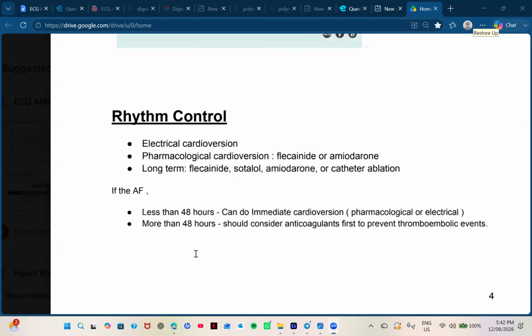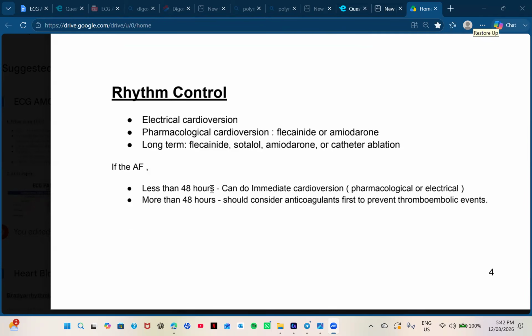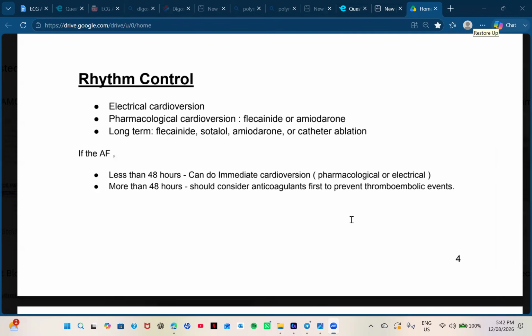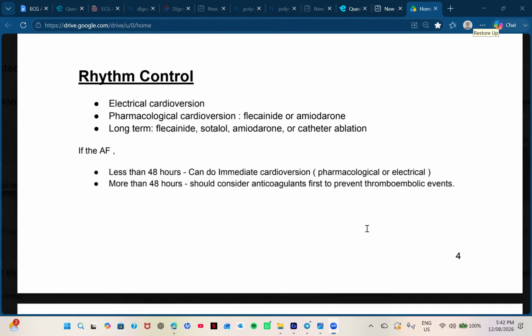If the patient presents in less than 48 hours, you can do immediate cardioversion, either pharmacological or electrical, right? If it is more than 48 hours, you have to first consider anticoagulation to prevent thromboembolism.